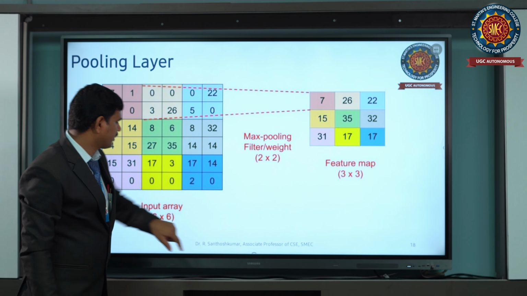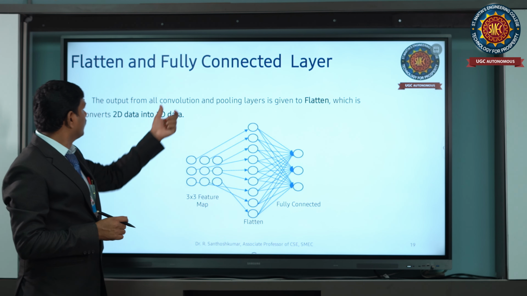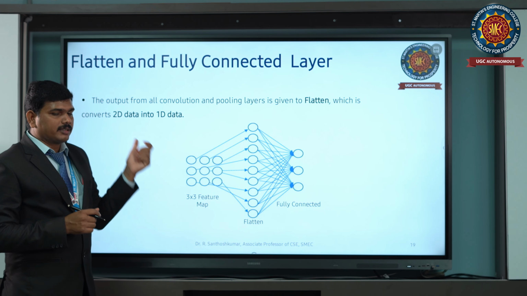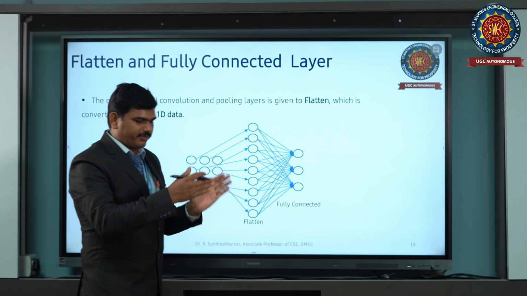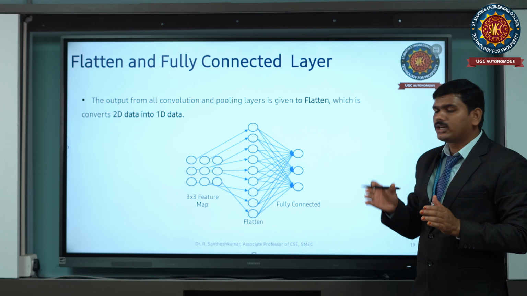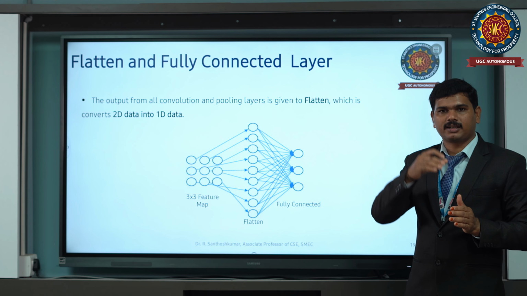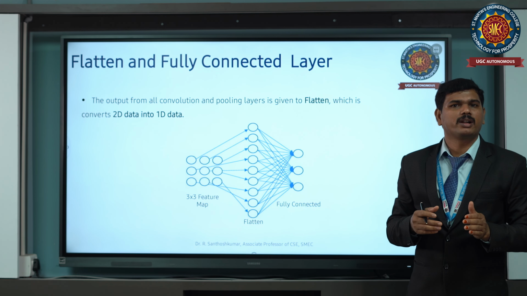So the next layer, the flattened and fully connected layer. As I said earlier, the convolved extracted features are in a 2D format. I want to feed it into a model, and I need one-dimensional data.